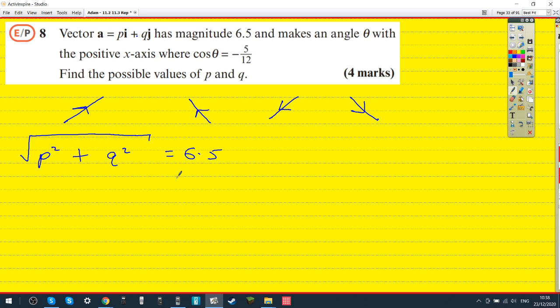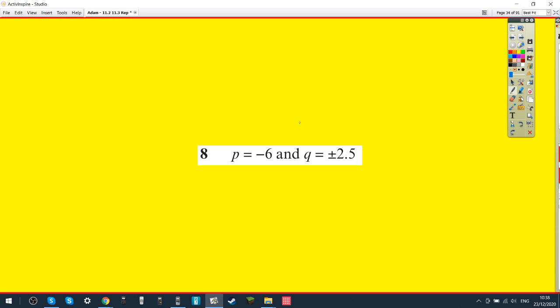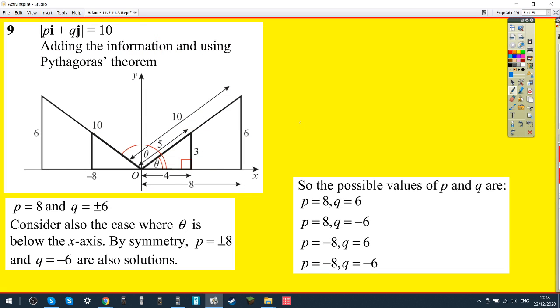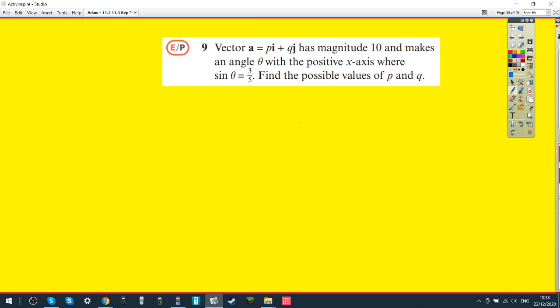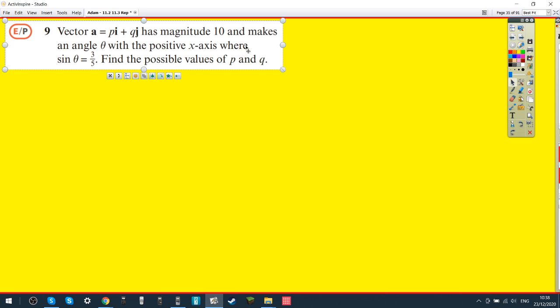And then we also know arctan of the angle. Well, let's see. We know cos theta, so that's the adjacent to the hypotenuse. We really don't know. One second. This is very similar.